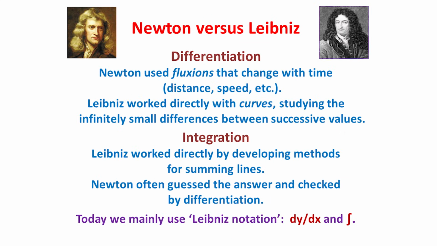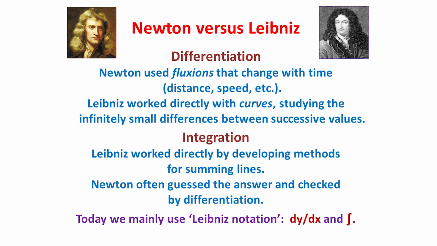But although Newton and Leibniz should both receive the credit for this, their methods were very different. For differentiation, Newton studied fluxions that change with time, whereas Leibniz worked directly with the infinitely small differences between successive values on curves.